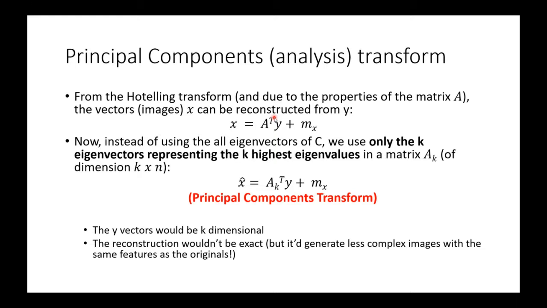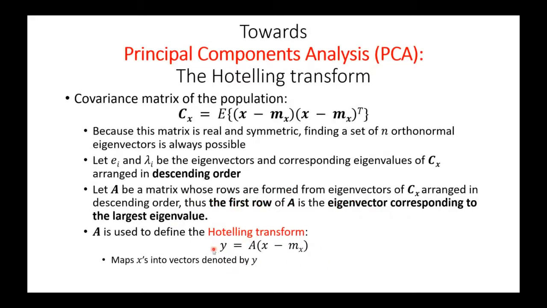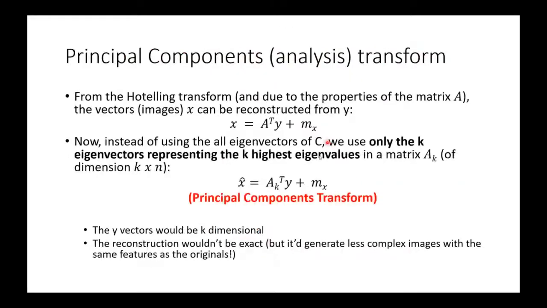We just take the highest eigenvalues, and then we can go back and get the y's that we calculated using this Hotelling transform. We don't need to get the original data. We can reconstruct this data using just a handful of principal components. So this is a much simpler, lower dimensional representation of the original data, of the original images.